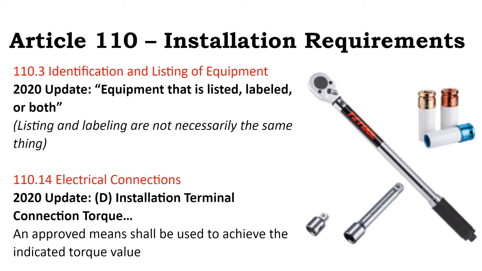Okay. Electrical equipment needs to be listed or labeled or both. Not necessarily the same thing, but by and large, the equipment needs to be listed for purpose. You can't use electrical equipment that's listed for one thing and then just use it in another thing.